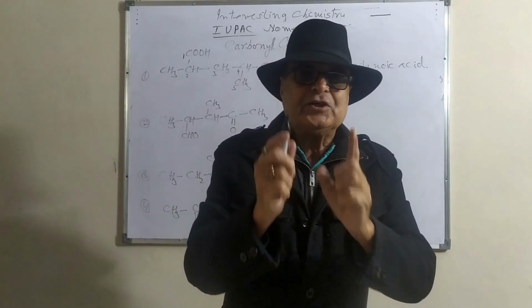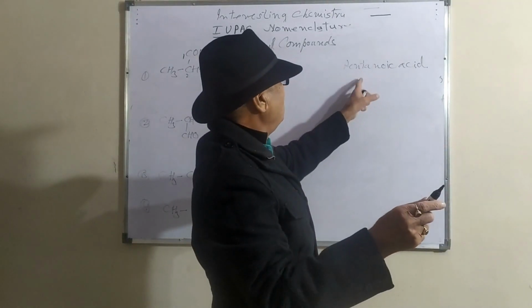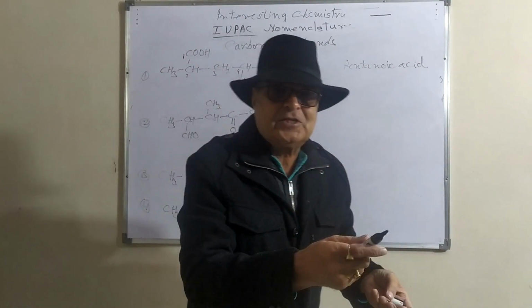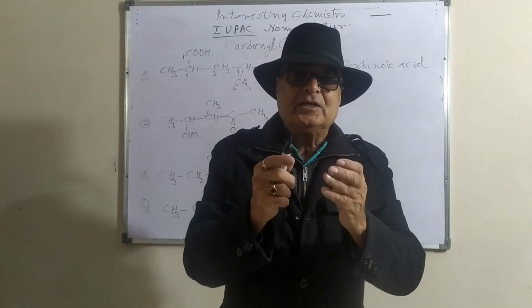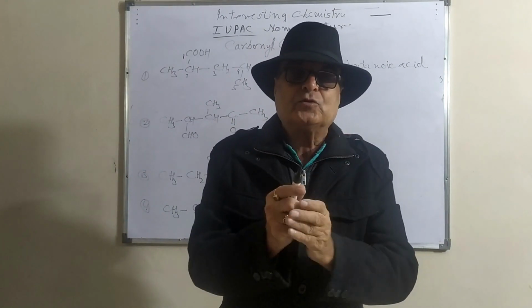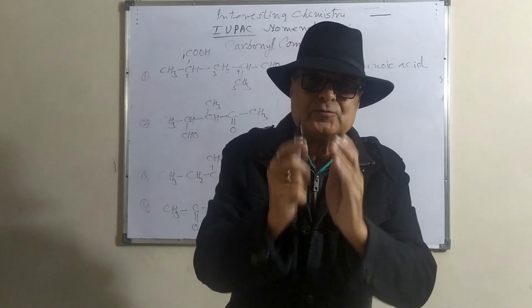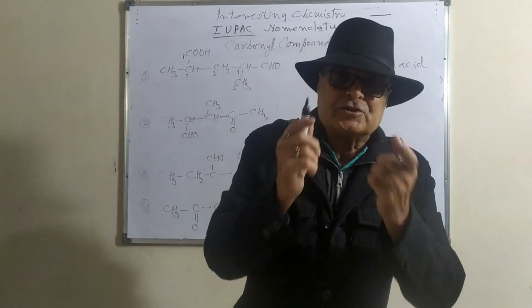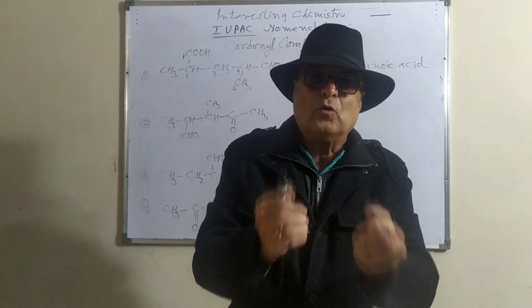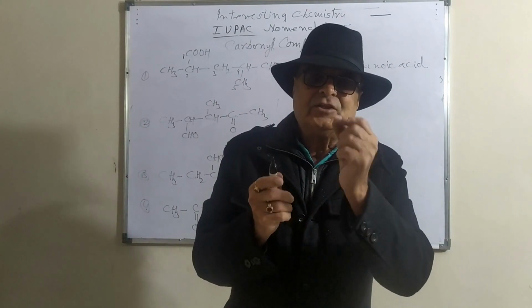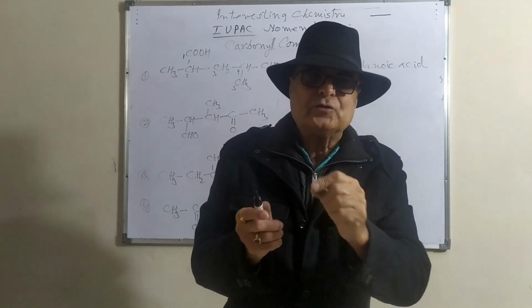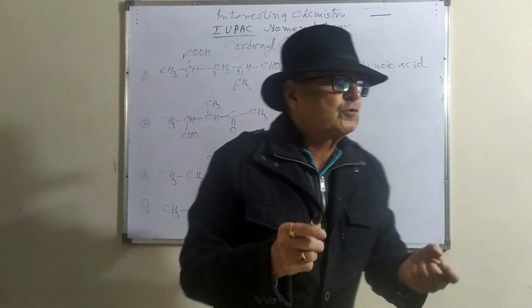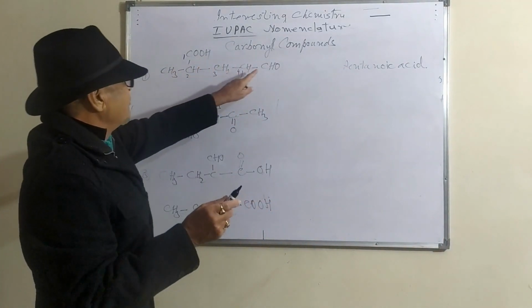One is written as the main compound in the place of the suffixes, and the second is when it is treated as a substituent group in the presence of a senior group or a more reactive group. Then the name of this substituent group will be different. So here this is CHO.